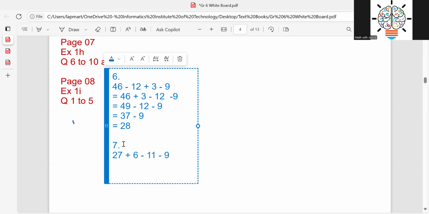Now this time you don't want to rearrange because you have the positive values closer, that 27 and 6, when you add it gives me 33. From 33 I deduct 11 and I deduct 9. Right? So from 33 you deduct 11, it gives me 22.